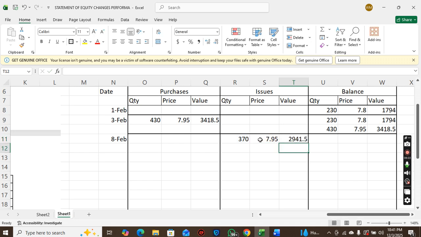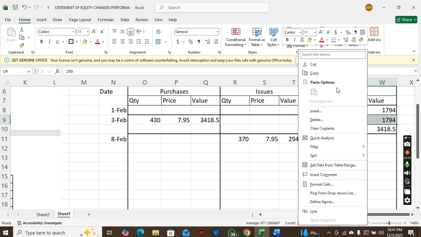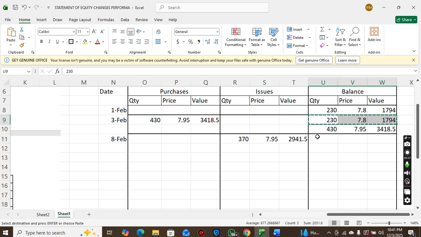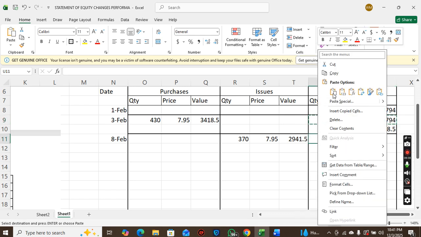That gives 2,941.5. We remove them from these 430 units. We now focus on our balance. How many goods have we remained with? We still have these 230 goods valued at 1,794.